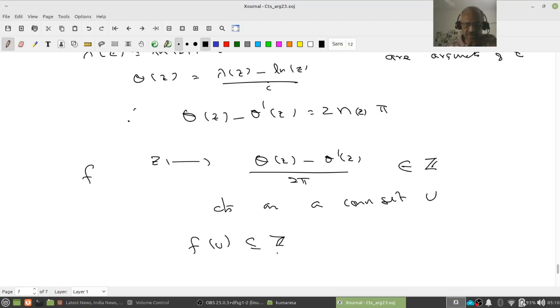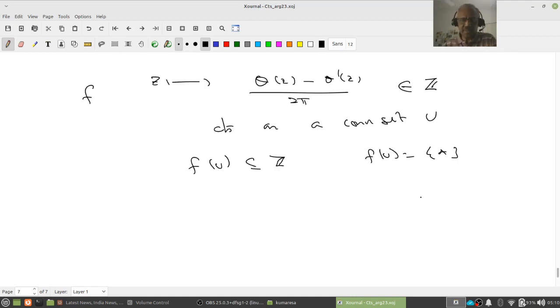The only connected subsets of real numbers are intervals, degenerate or non-degenerate. Therefore, f of U must be a constant, some integer n. That's it. This is exactly the same way we argued for argument. So please go through it and understand.